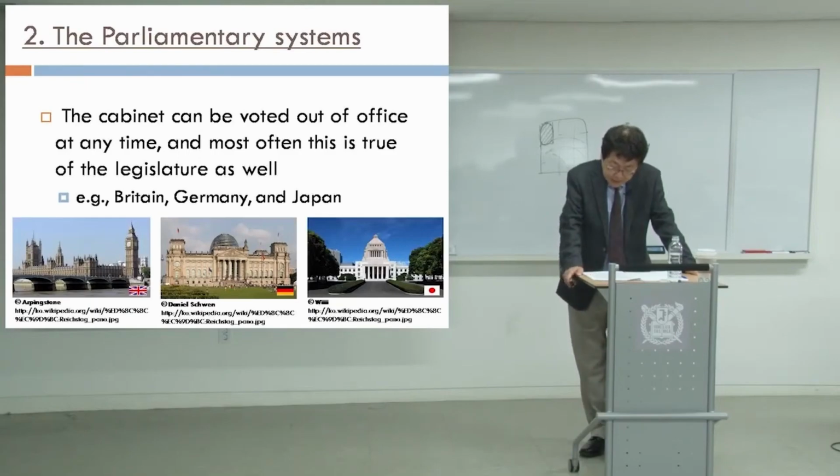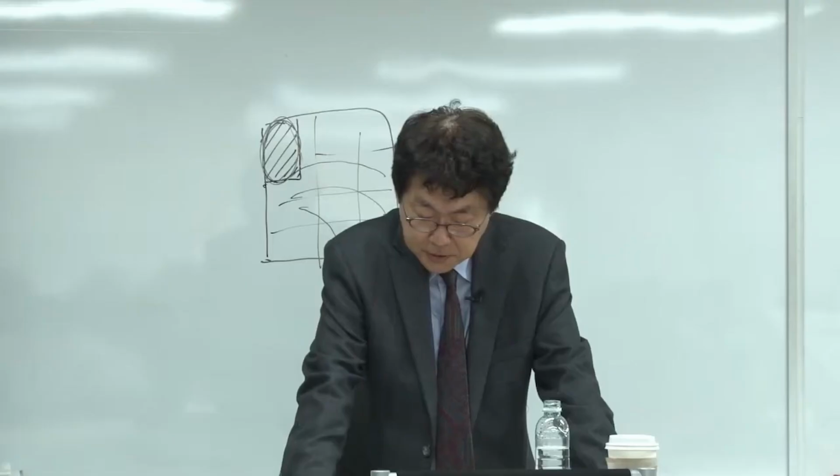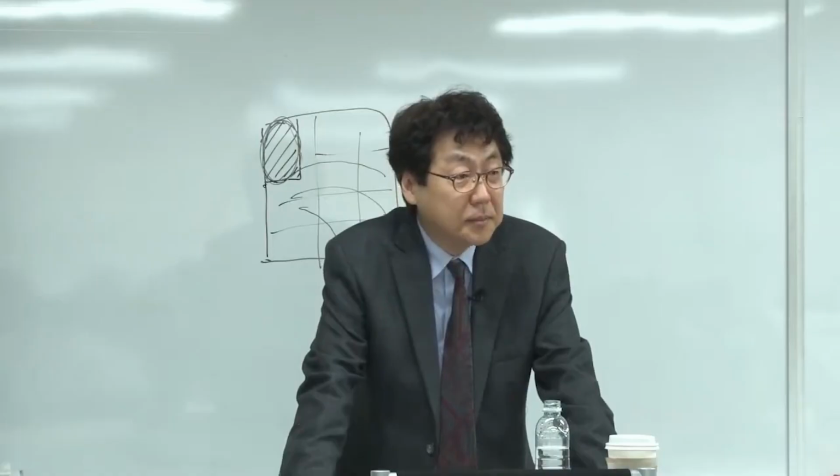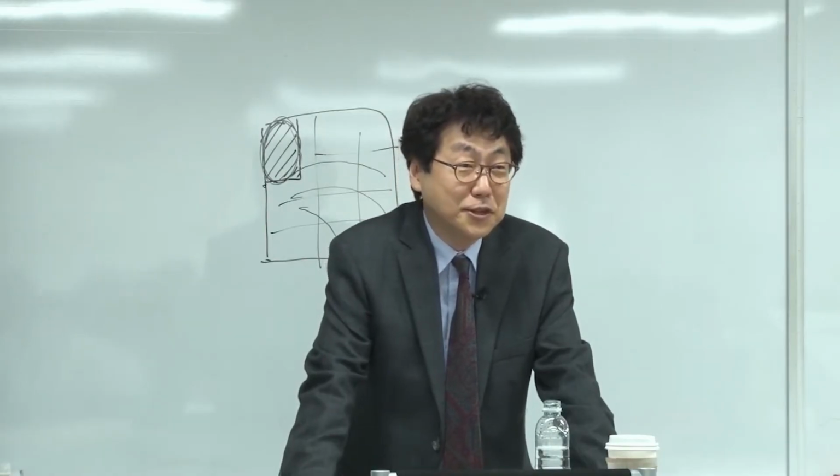The cabinet can be voted out of office at any time. And most often, this is true of the legislature as well. Meaning that in a parliamentary system, politicians do not have job security, right?